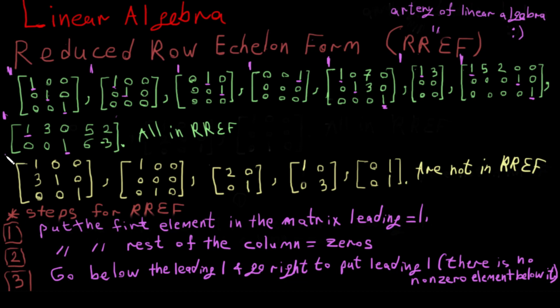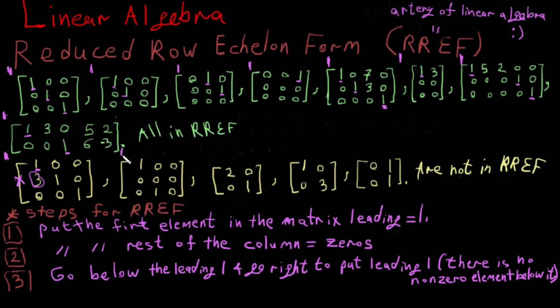Here, write 1, go below and keep going until you find 1. You find 1 here, but there is a problem below it: it's not 0, so it doesn't satisfy the second condition, and that's why it's not RREF.